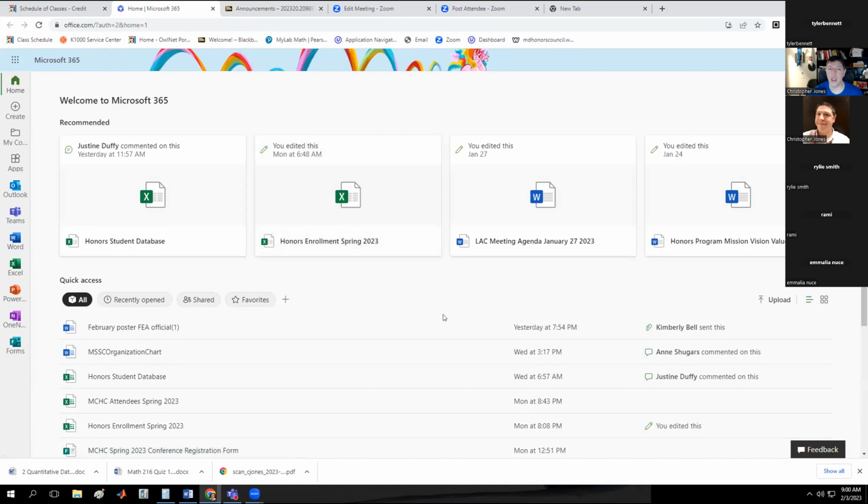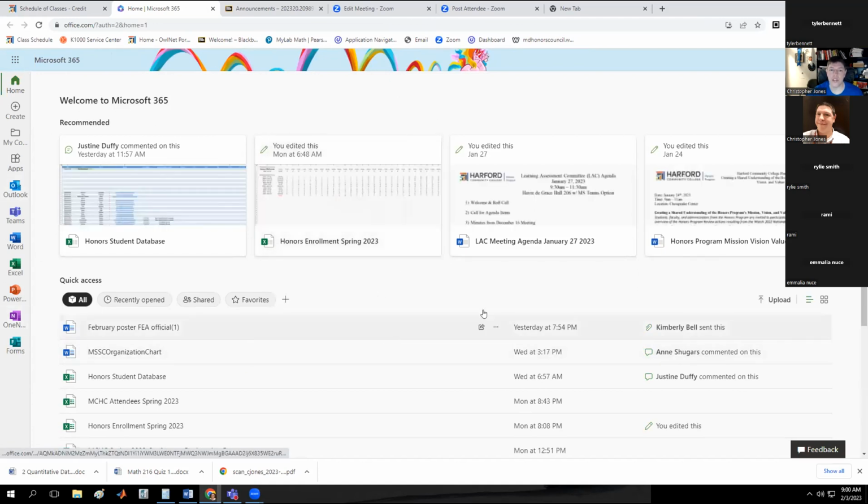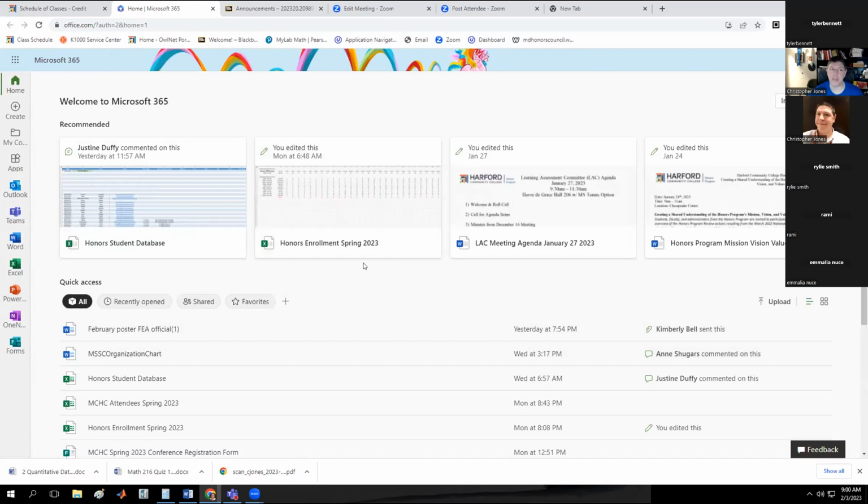And just to verify, when you log into your AlMail, is this a similar landing page to what you all get? Can somebody let me know in the chat if you can get to this screen from your login, or if you have never seen this screen before?